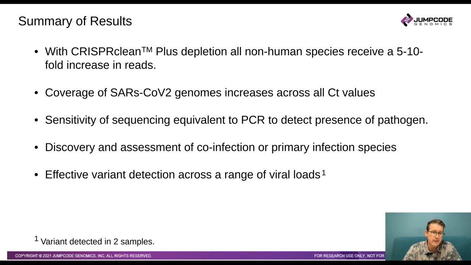The discovery and assessment of co-infection or primary infection species is available using this technology, since the depletion affords a large increase in sensitivity. And also, there was effective COVID variant detection across a range of viral loads.